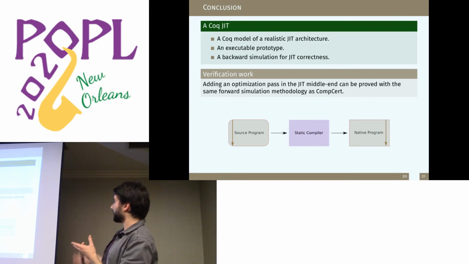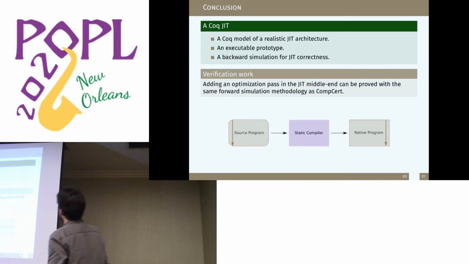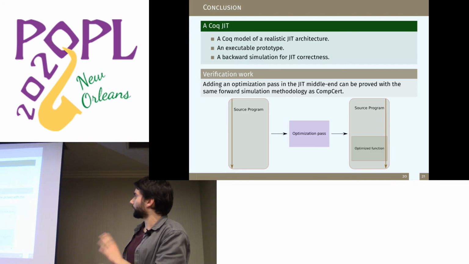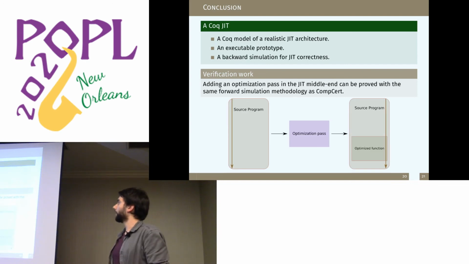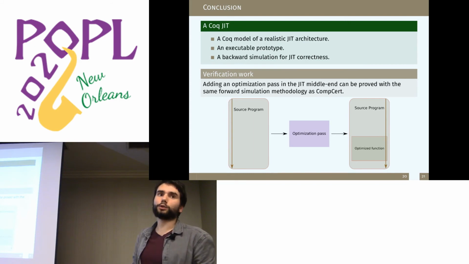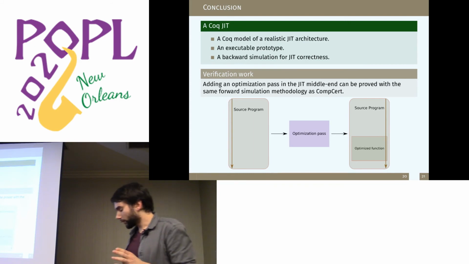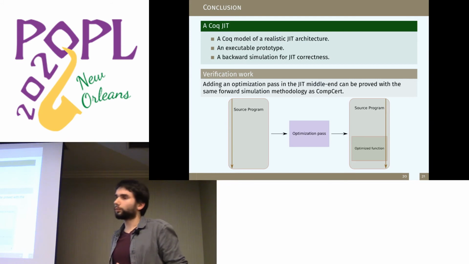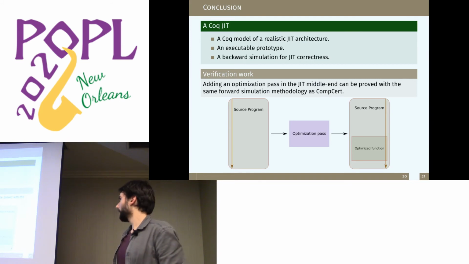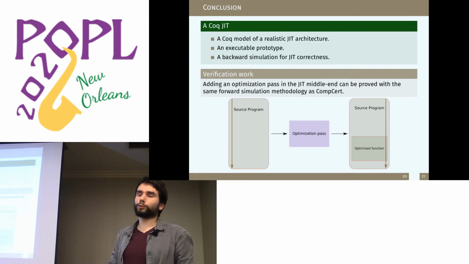Before, in a static compiler, what you would do is find a way to relate native executions to source execution. And now the theorem that you need to prove is a backward simulation between this program and this program every time you want to add an optimization pass into your JIT middle end. So the takeaway is that we are able to reuse most of the methodology of proving optimization passes and integrate that into a broader JIT correctness theorem.